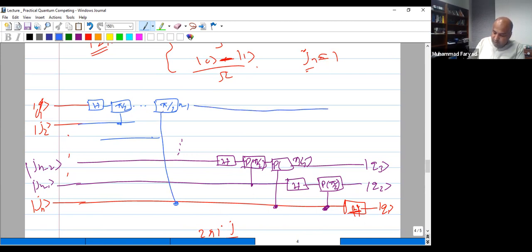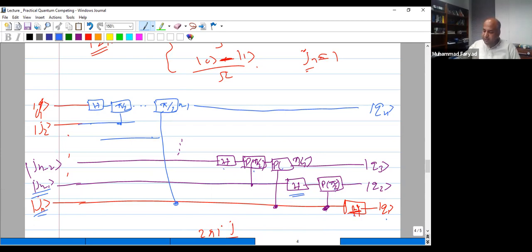And this is going to be my Qn. So similarly, if you can see the pattern, you apply Hadamard to this last qubit, you get the first qubit. Then for the second last qubit, you apply Hadamard, and then the phase gate of pi by 2 controlled by the last qubit. Then for the next one, Hadamard, pi by 2, pi by 4, and the control is this. So there is a sort of a symmetric way that we have to apply these controlled phase gates.